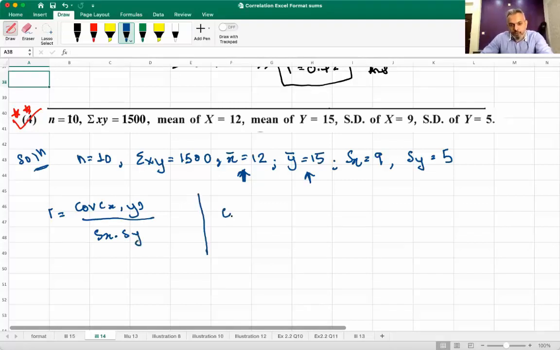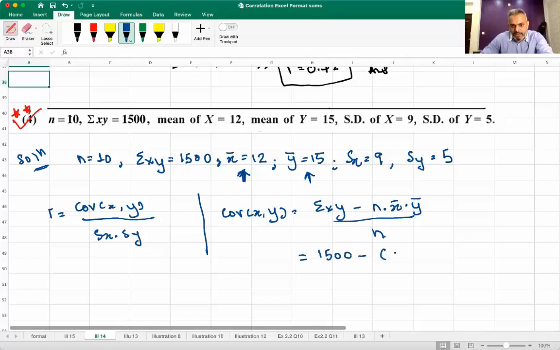Now, how do we find covariance x comma y? Covariance x comma y is sigma xy minus n into x bar into y bar, upon n. Now we have all the information ready, which is equal to 1500 minus n is 10, into 12 into 15, upon n is equal to 10.